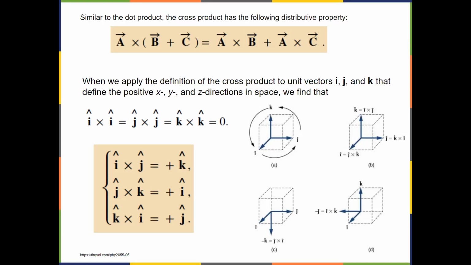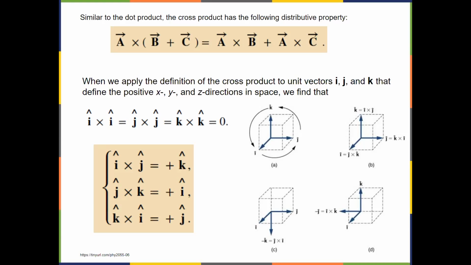If the two are identical vectors, then the angle between the two is 0. If you do sine of 0 degrees, then that's 0, okay? So if you have two identical vectors, no matter whether it's a unit vector or any vector of whatever magnitude, if you have a vector cross itself, it will give you 0, okay? So two identical vectors, if you do cross product, will give you 0.